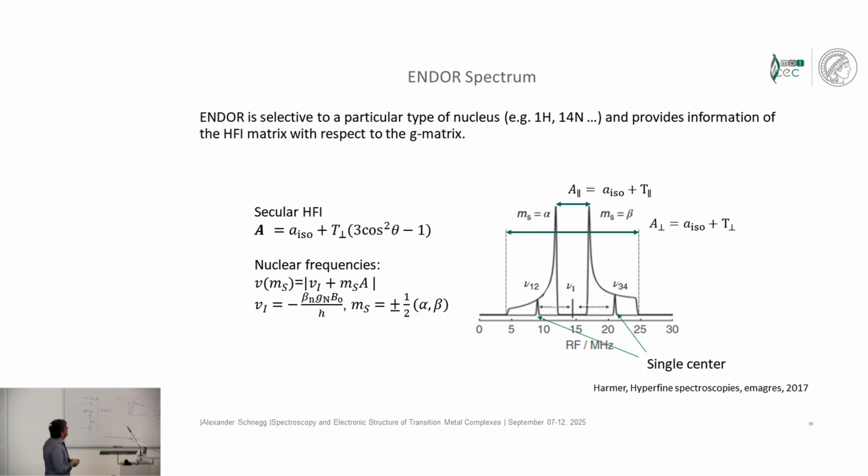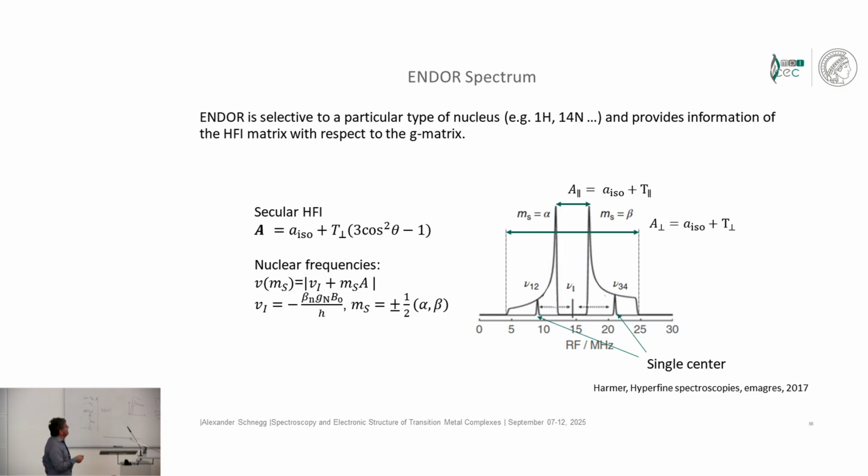Such a spectrum is plotted versus radio frequency, of course, because we are sweeping the radio frequency. This would be an X-band ENDOR spectrum. These spectra are centered around the Larmor frequency, therefore one can guess already that this is a proton, because the proton Larmor frequency is roughly 15 megahertz at X-band.